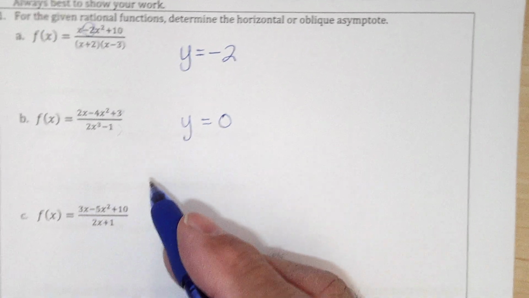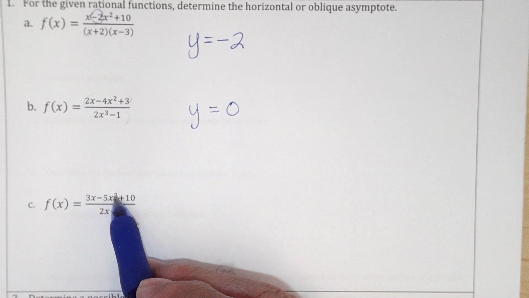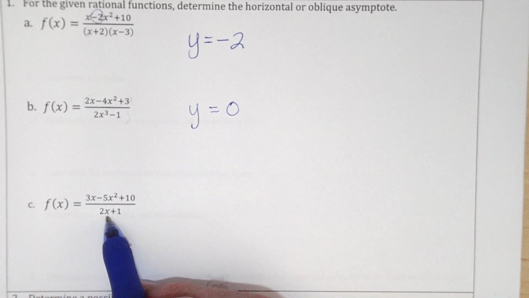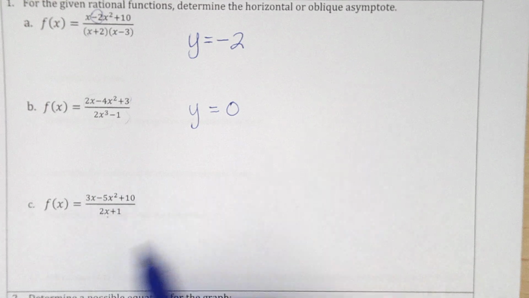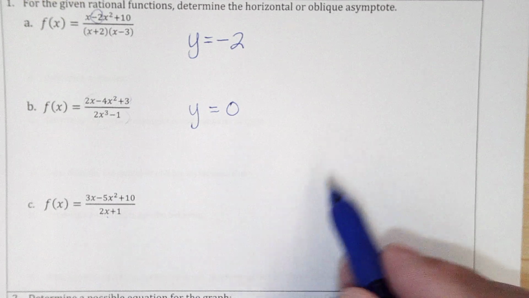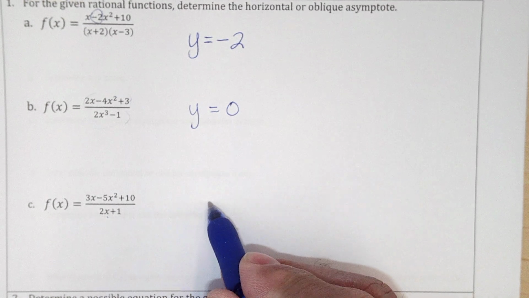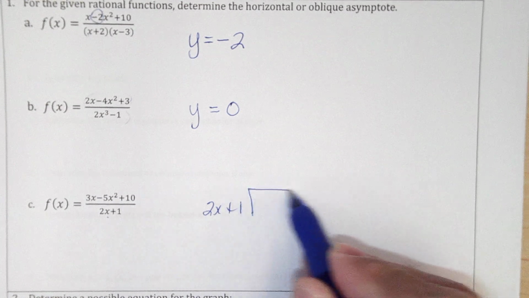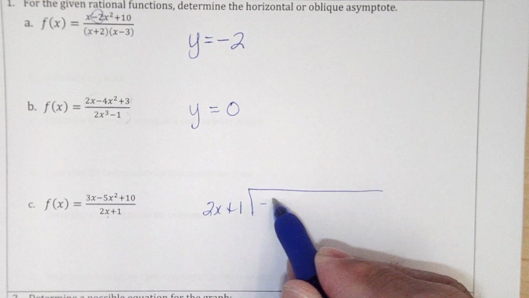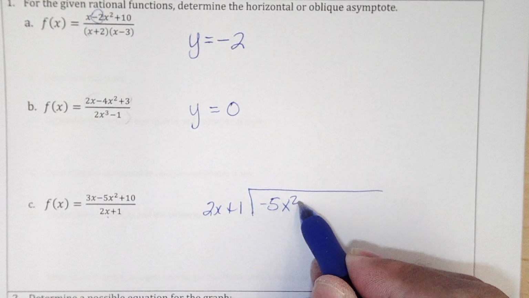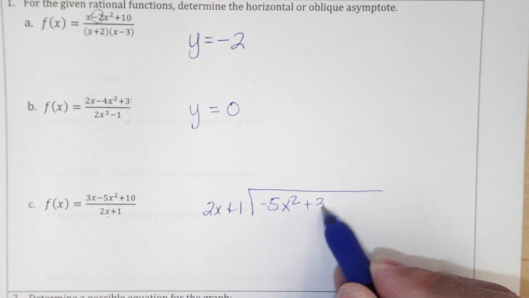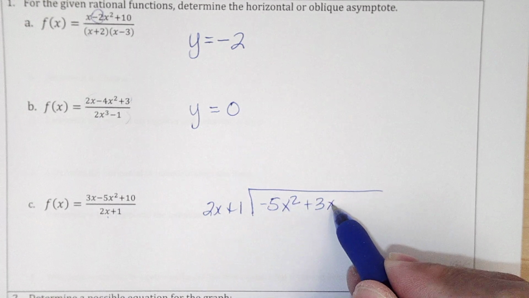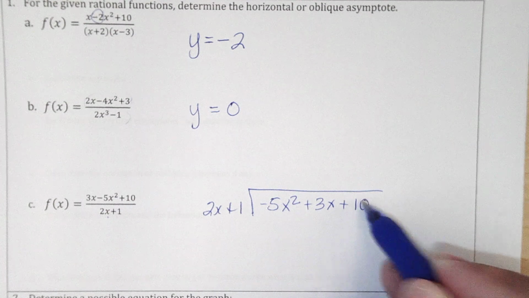And the last one, the degree of the numerator is greater than the denominator by 1. So it's going to have a linear oblique asymptote. And so we're going to do long division to find that. 2x plus 1 divided into -5x squared plus 3x plus 10.